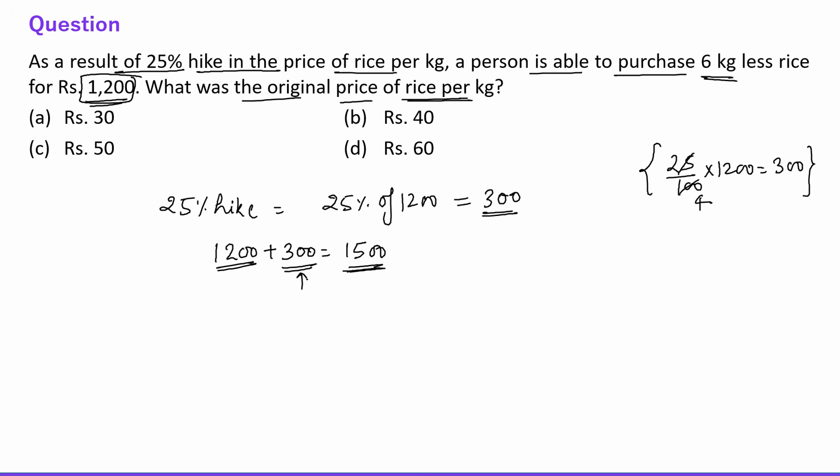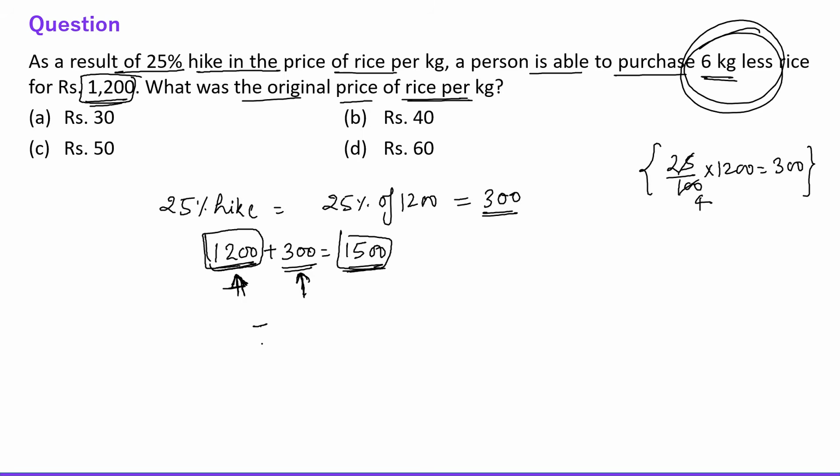I repeat my statement. Earlier the quantity that was available for rupees 1200, now it is available for 1500. And if today I am paying 1200 rupees only, it means I am paying 300 rupees less. And for that 300 rupees less, I am getting 6 kg less.